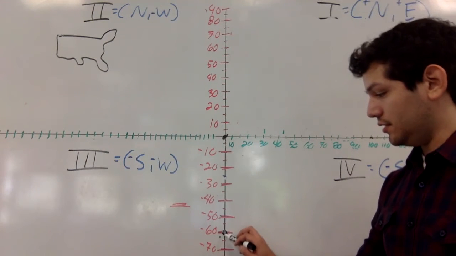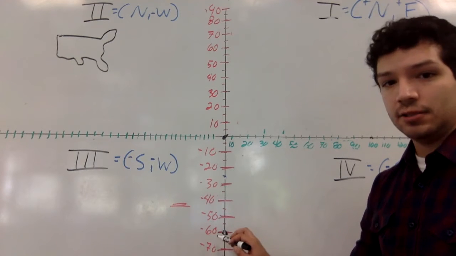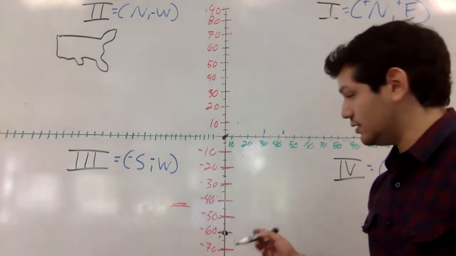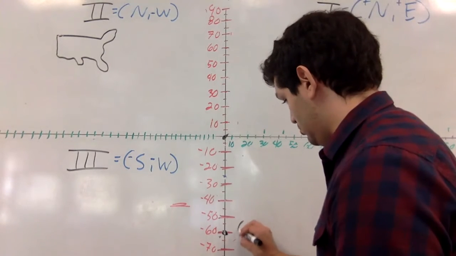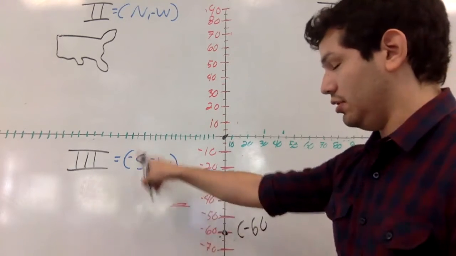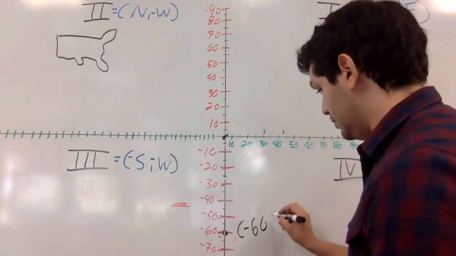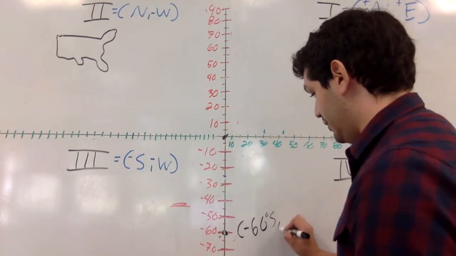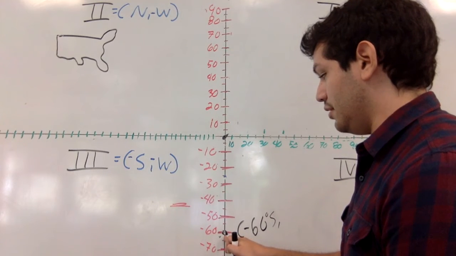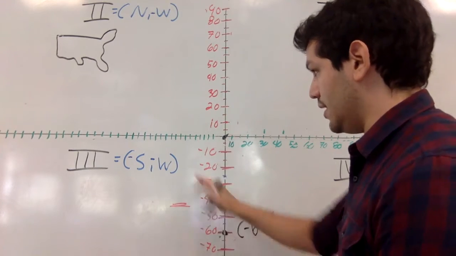So if I'm looking at this, I know that it's negative 60. This is my latitude, so I know that it's at least negative 60, negative because I'm in the south. South is negative degrees south. But my longitude line, though, it's not on anything.